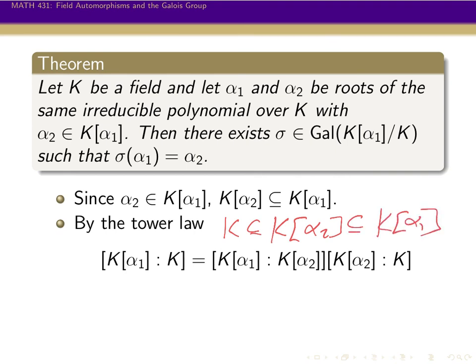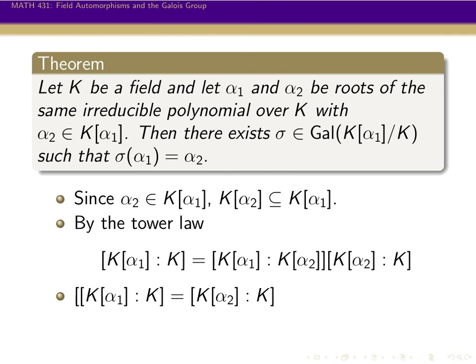And so the Tower law says that the degree of K adjoin alpha 1 over K is equal to the product of the degrees of K adjoin alpha 1 over K adjoin alpha 2 and K adjoin alpha 2 over K. But alpha 1 and alpha 2 have the same minimal polynomial, and so the degrees of their minimal polynomials are equal because it's the same polynomial.